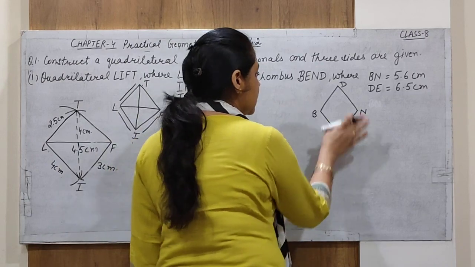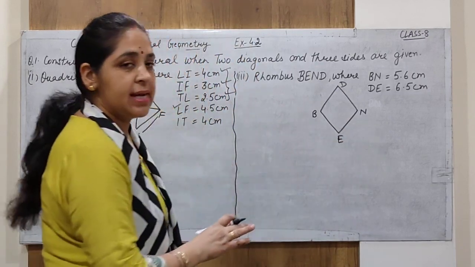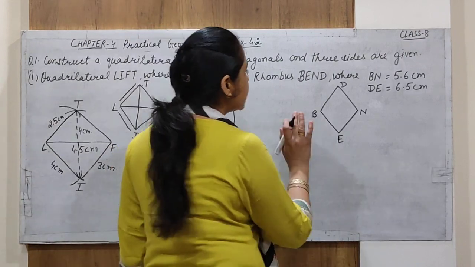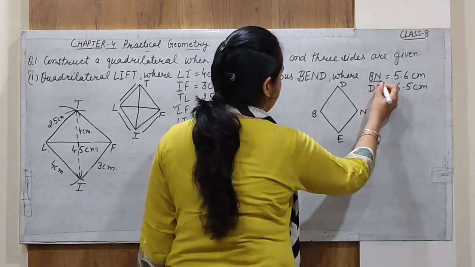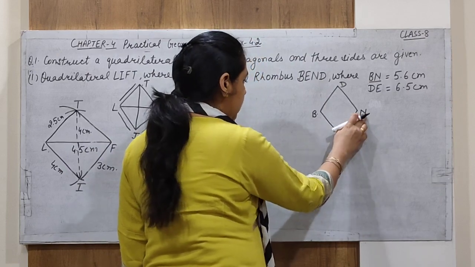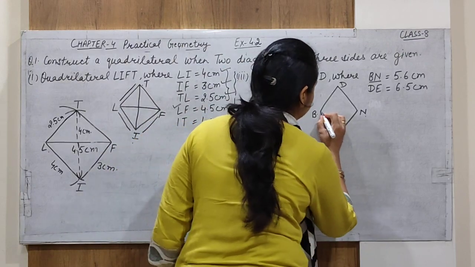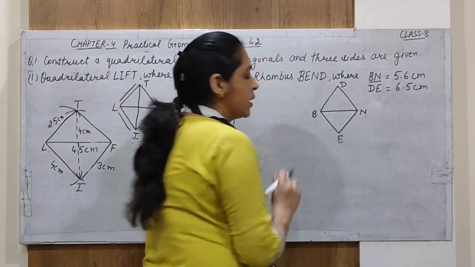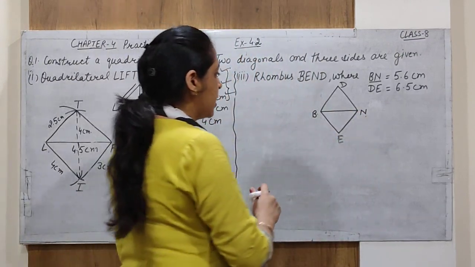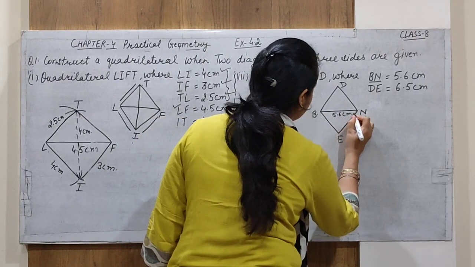In a rhombus, all sides are equal. The first property of the rhombus is that all sides are equal. Now, what is given to us? BN. BN acts as a diagonal because B and N are opposite vertices. This is the first diagonal of the rhombus. It is given and it is 5.6 centimeter.